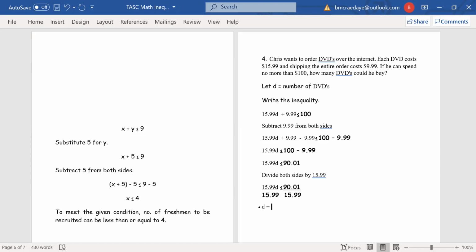One moment. That's 5.62914, rounded off to 5.6, right? Now, what does that mean? How many DVDs could he buy?